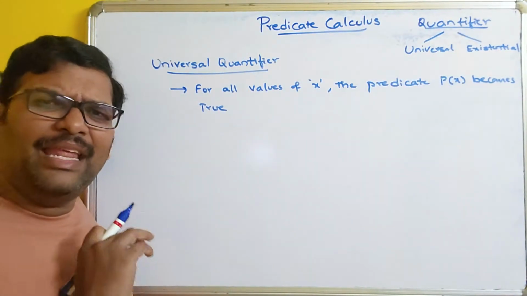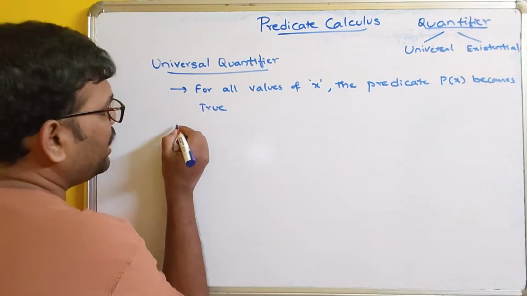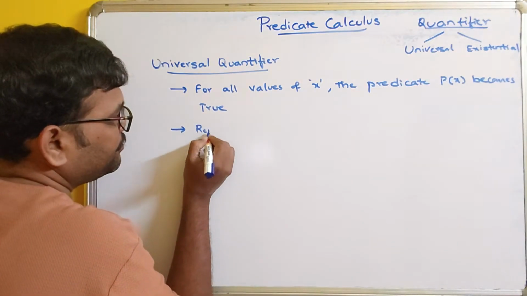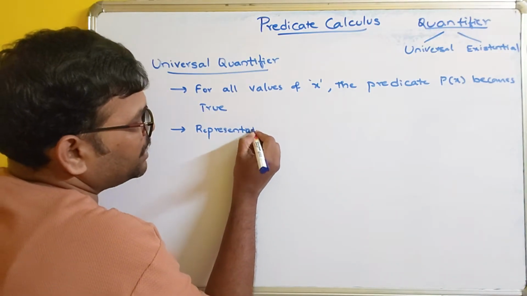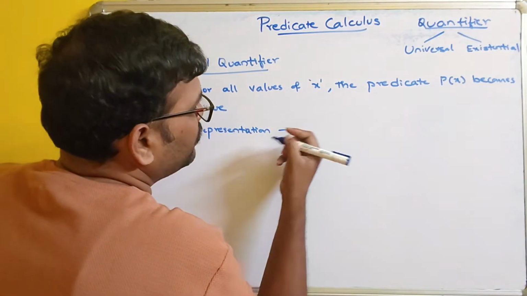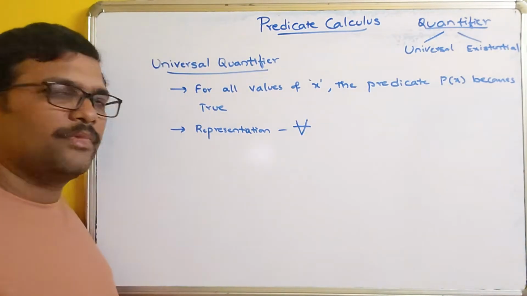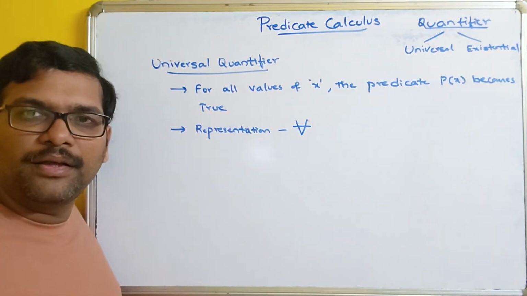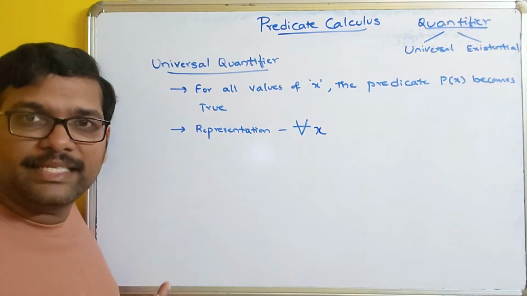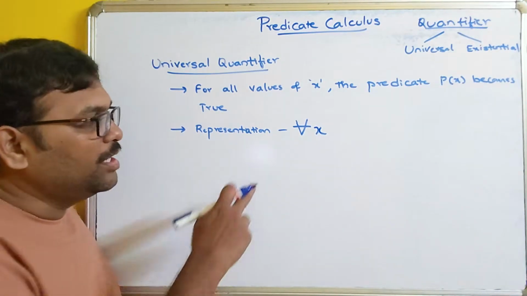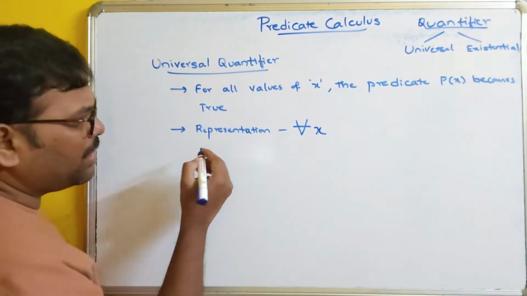So if you consider any value of X, the given predicate will be true. The representation of this universal quantifier will be in this format: for all X. The reverse of A is used to represent the universal quantifier.